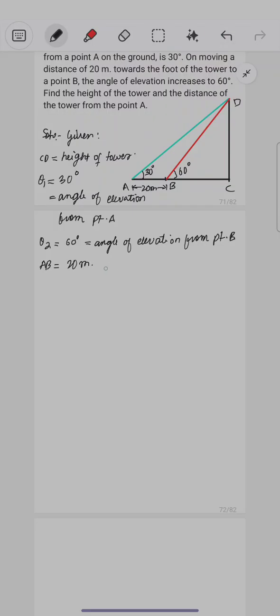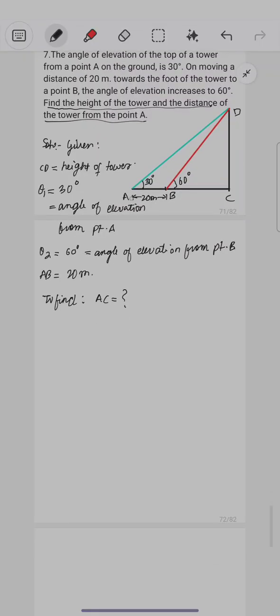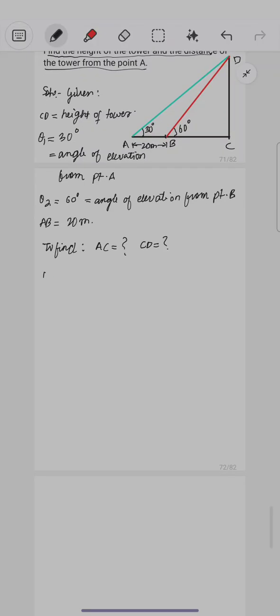And here AB is 20 meter. Now we have to find the height of the tower and the distance of the tower from point A. So AC equal to question mark, and then CD equal to question mark.